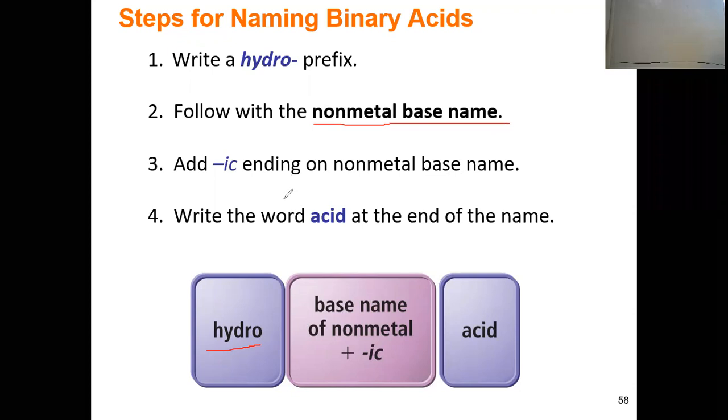So for HCl, your Cl is your non-metal. The base name of chlorine is chlor. So you'd write down hydrochlor, then you'd add IC to it. So hydrochloric, then you'd write the word acid. So for a binary acid, you'll always be starting with hydro.